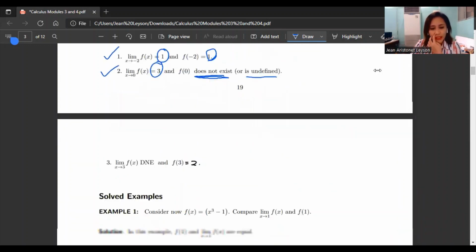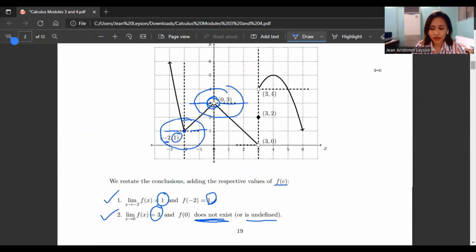Now for number 3, the limit of f of x as x approaches 3 does not exist. Let's try to look here in our graph. As x approaches 3 from the left, the limit is 0.